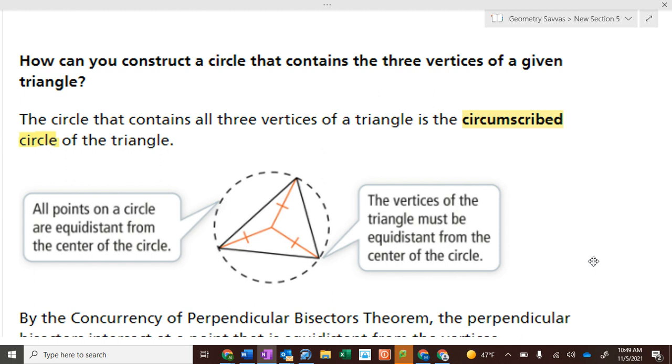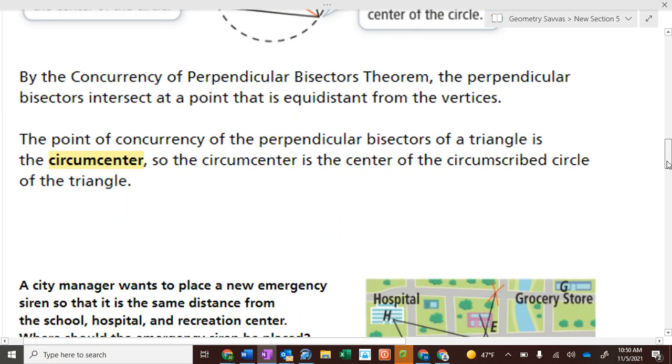Because their radius is the same, that's how you get an equal distance away from the vertices of a triangle, is finding the circumcenter. The point of concurrency of perpendicular bisectors is the circumcenter.